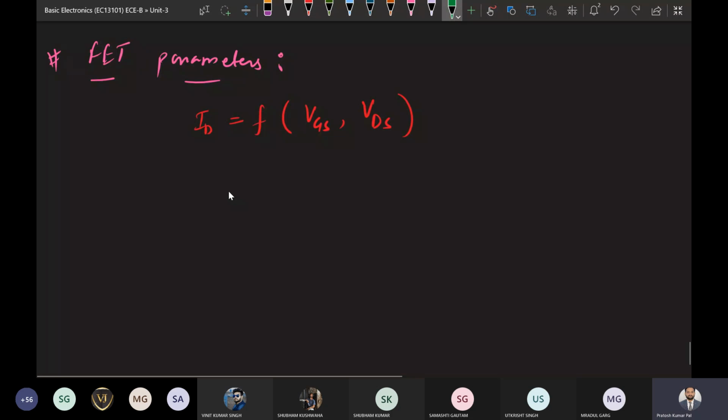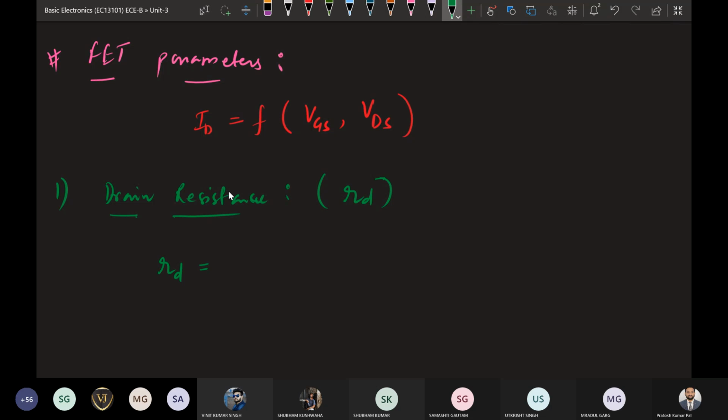With relation to these variables, some different parameters are defined. The first one is drain resistance, defined by RD. As it is drain resistance, we can also call it the output resistance.